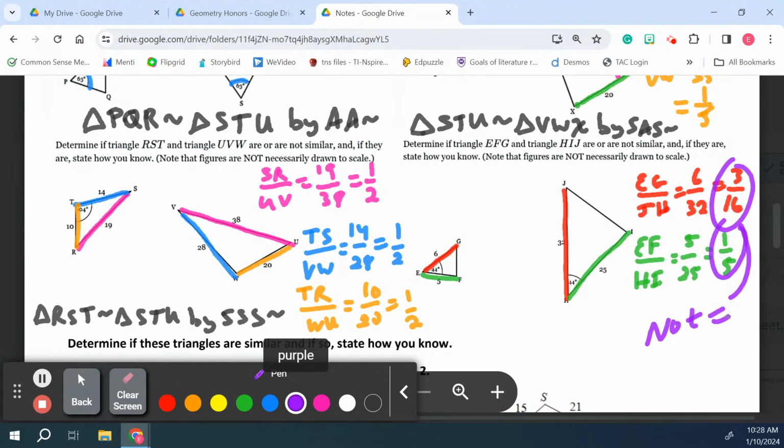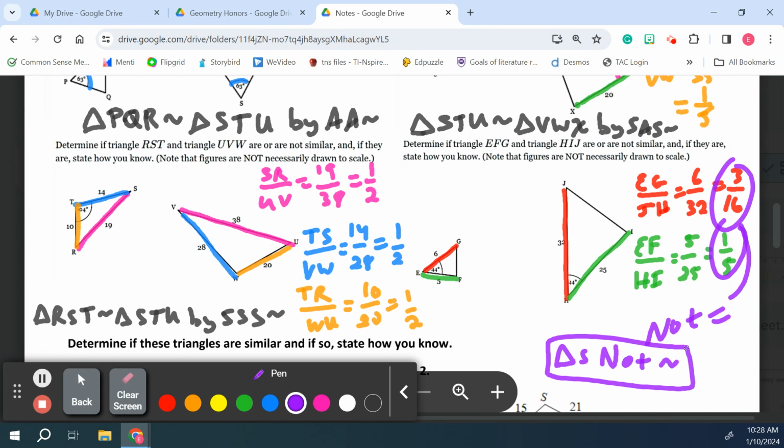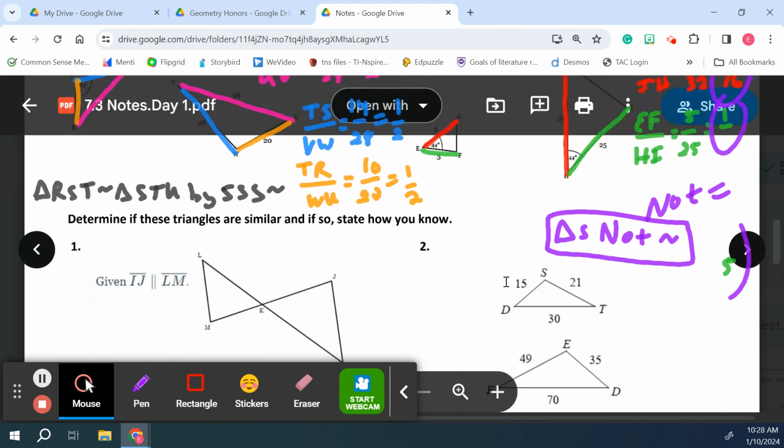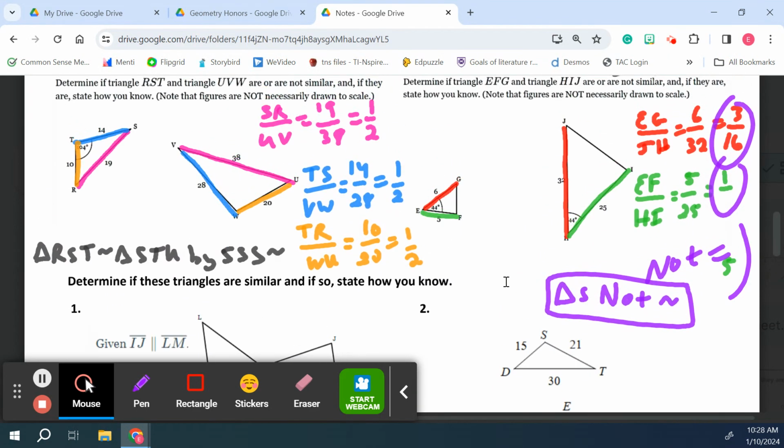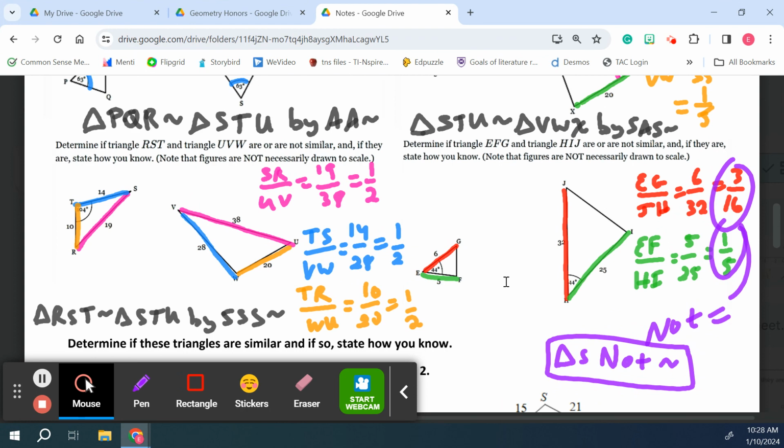So therefore, the triangles are not similar. And that's why with side, side, side, you need to check all 3 sides, because if one of them doesn't work, they're not similar. Okay? Any questions on this? Anybody still writing?